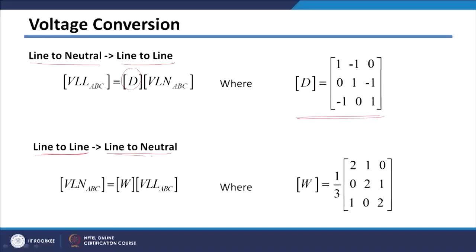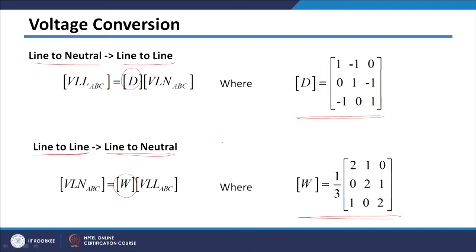Similarly, to convert line to line voltages to line to neutral voltages, we have this W matrix. We also derived this W matrix in the last class. So, we can easily convert line to neutral voltages to line voltages, or line to line voltages to line to neutral voltages.